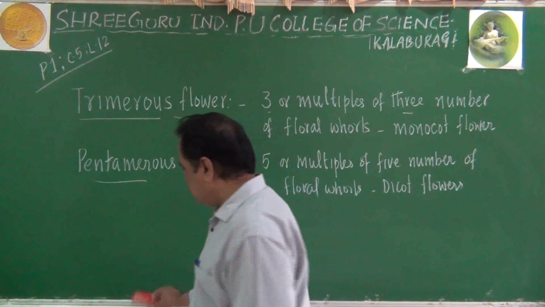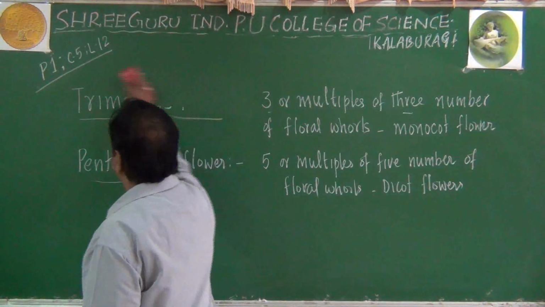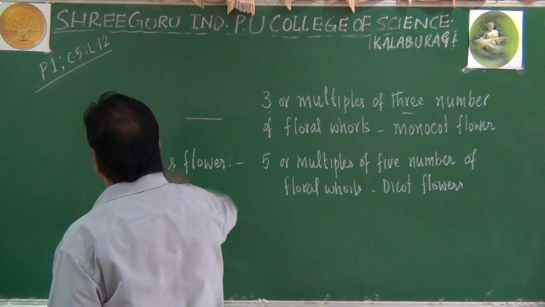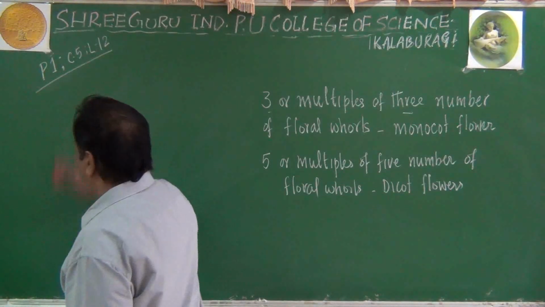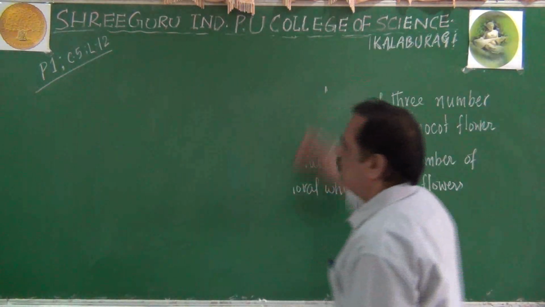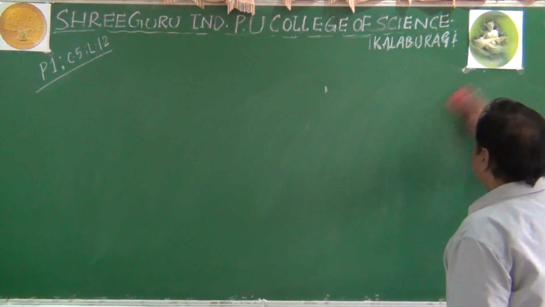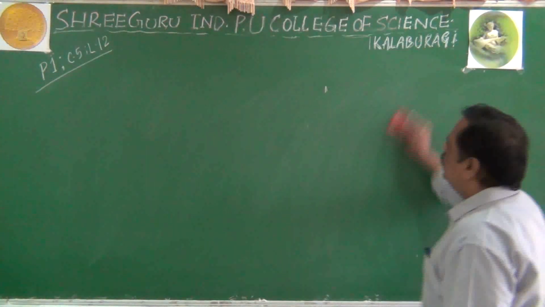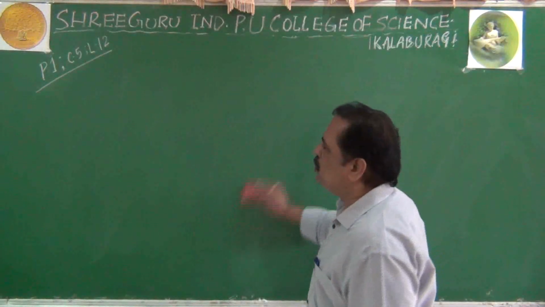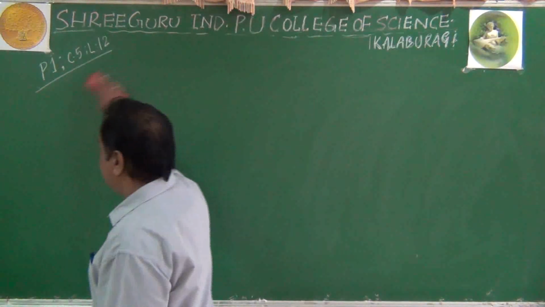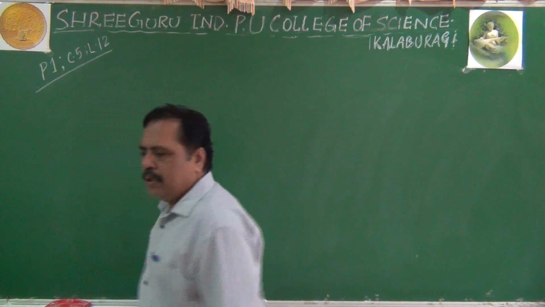Dear students, let us go for another important 3-mark question, even 5 marks also it can be asked. How can we describe a flower with reference to position of the ovary? Please listen.